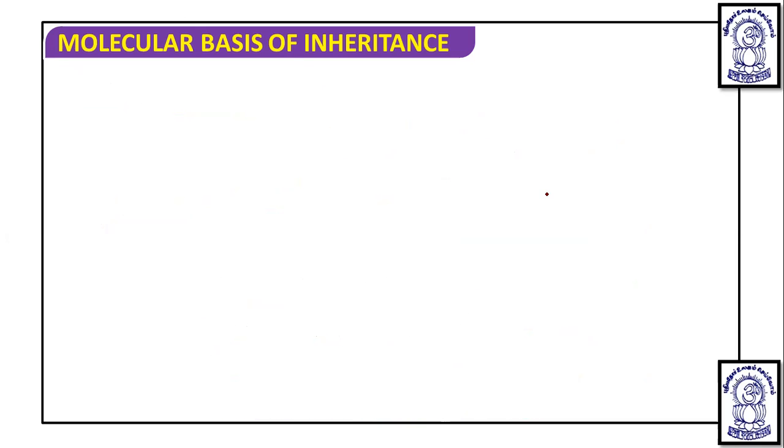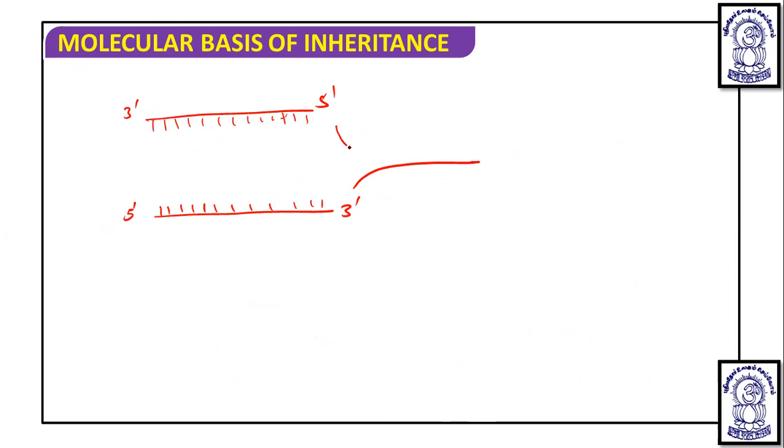then it is known as renaturation. Suppose these are the two separated strands, and when these two join, it is known as renaturation.